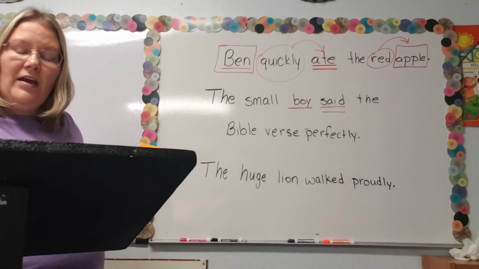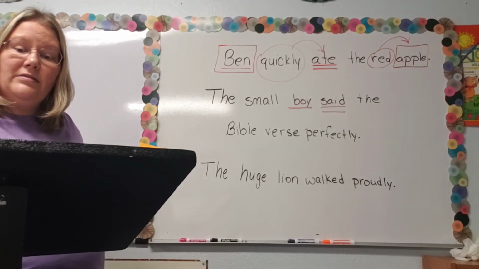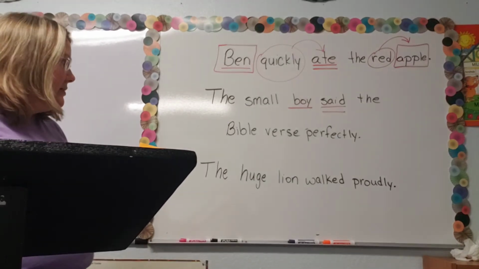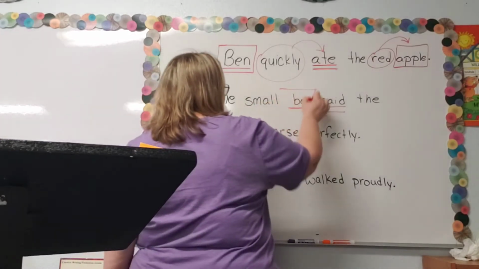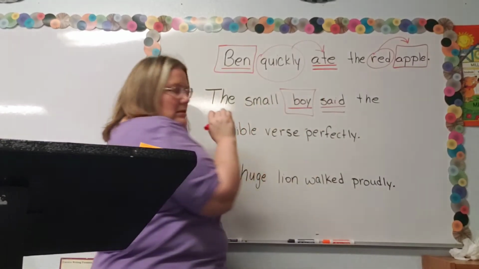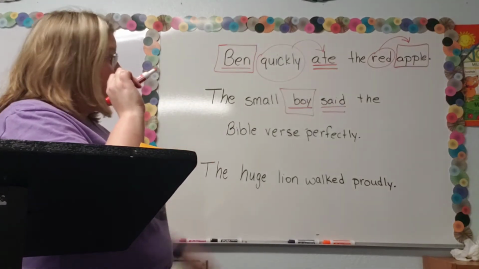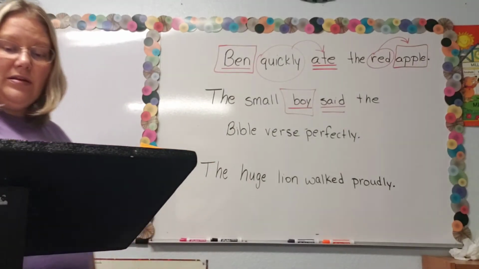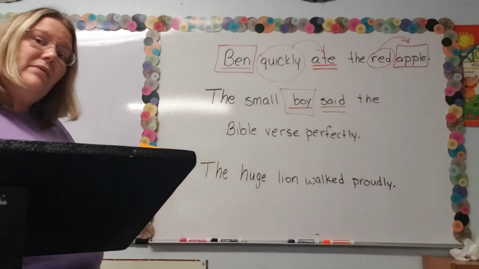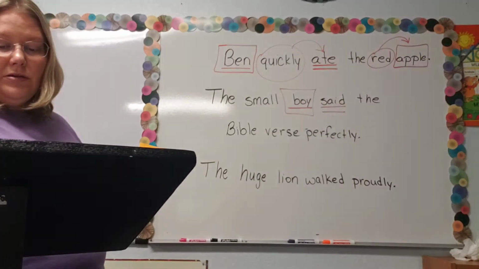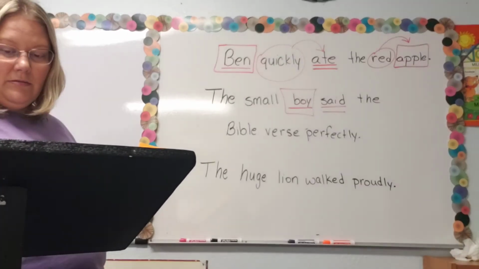Number 3, find and draw boxes around all the nouns, even the subjects. Okay, so boy is a noun. Let's see, our Bible is going to describe verse. So boy is really the only noun in the sentence there, because Bible in this one is going to describe the verse.